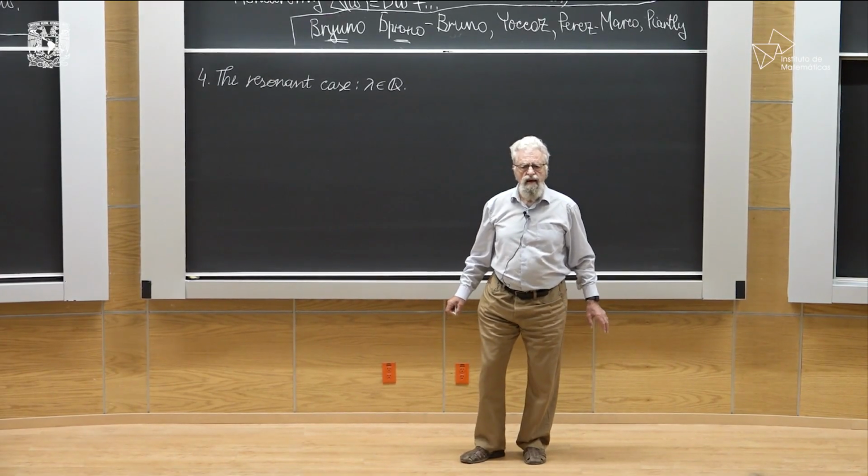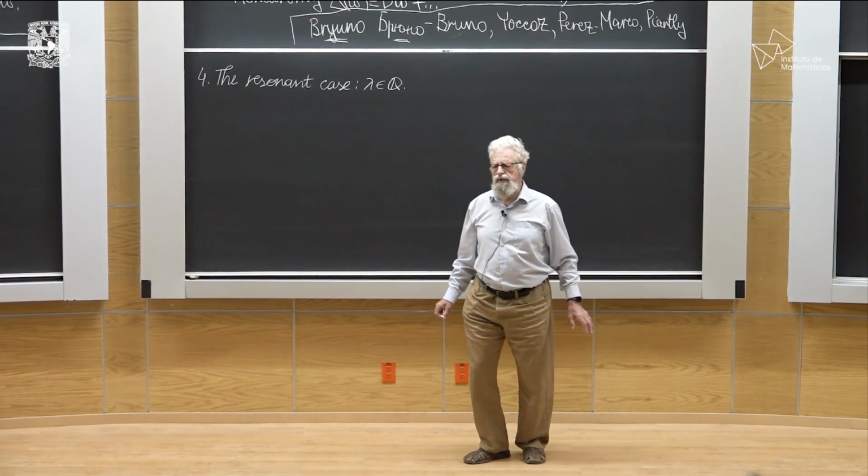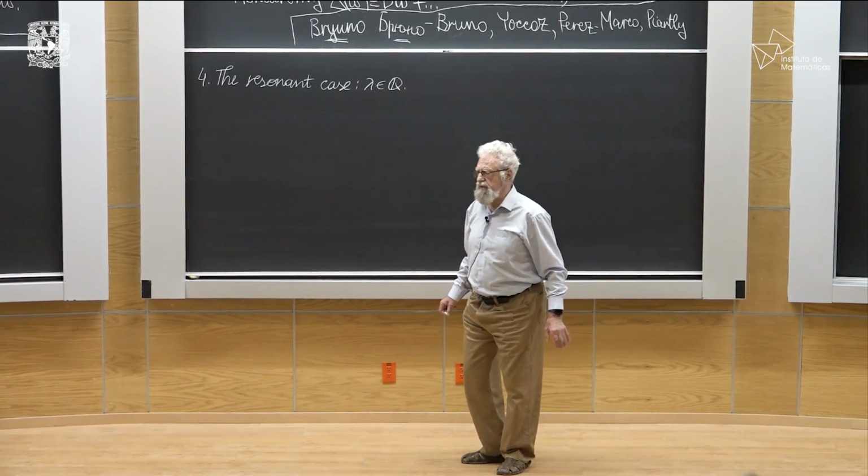Now, the first question is to find a formal normal form to the monodromy map in the resonant case.